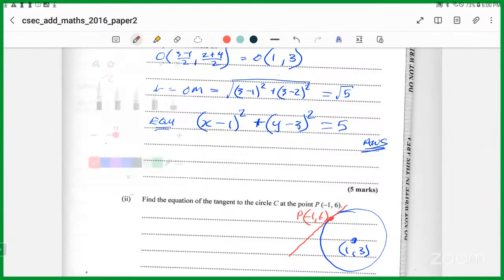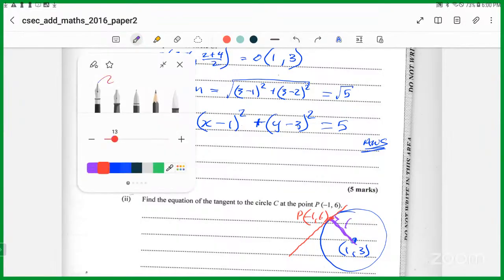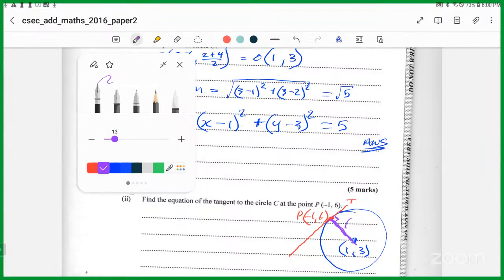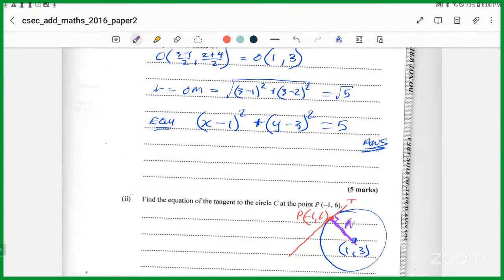And as always, the normal is your best friend, because it is perpendicular to the tangent. And by going to the normal, put t for tangent and n for normal. This purple line is a normal.